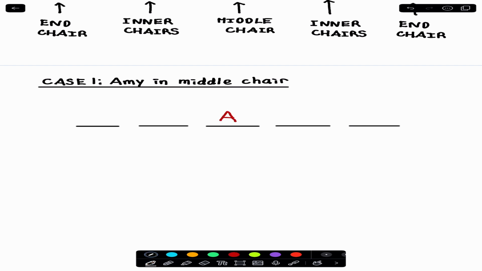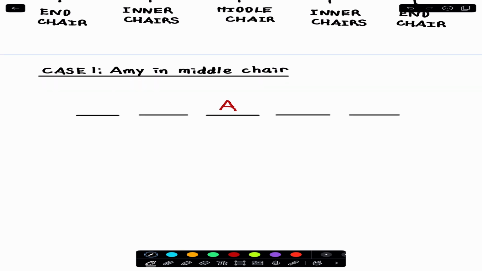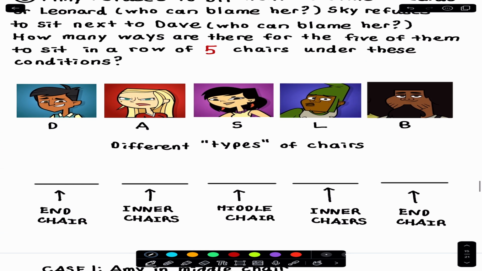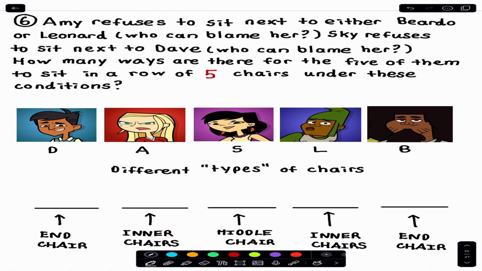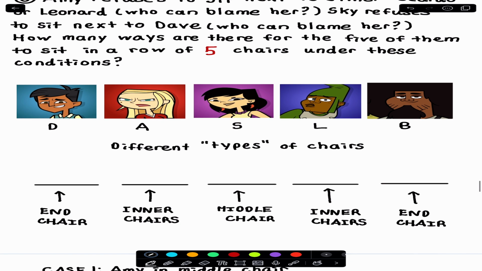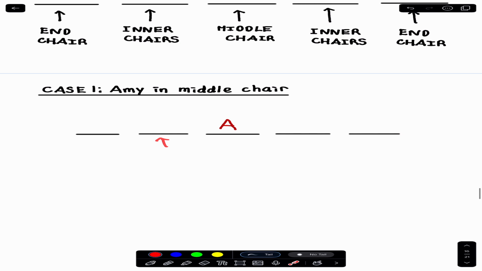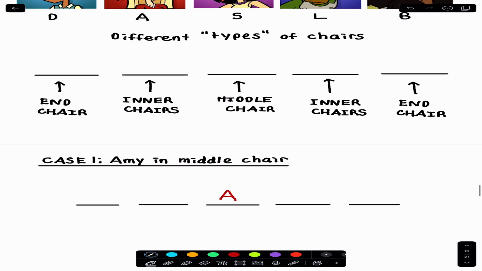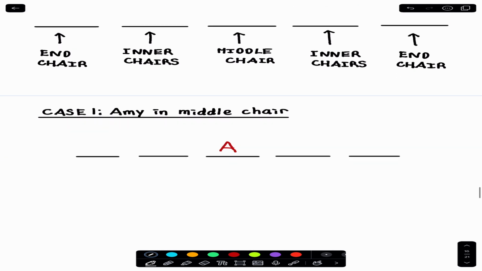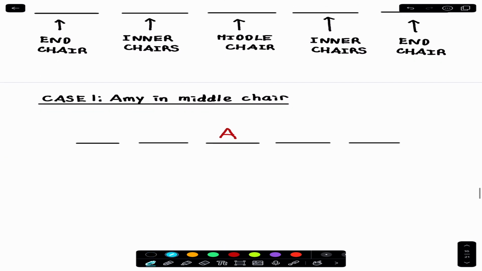Now let's count how many ways there are for this case. Because Amy refuses to sit next to Leonard or Beardo, this means these inner chairs, so these two, have to be occupied by Dave and Sky in some order. You can either have Dave here and Sky here, or Sky here and Dave here.